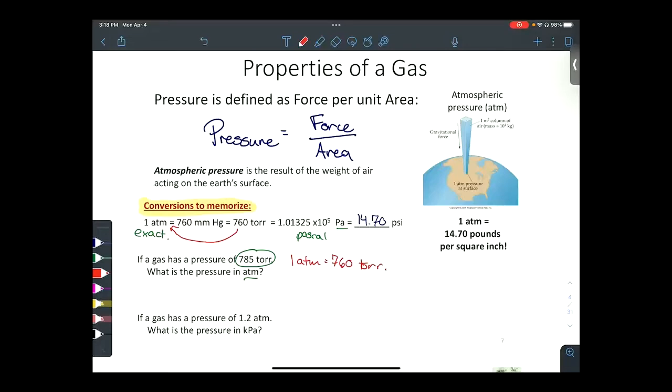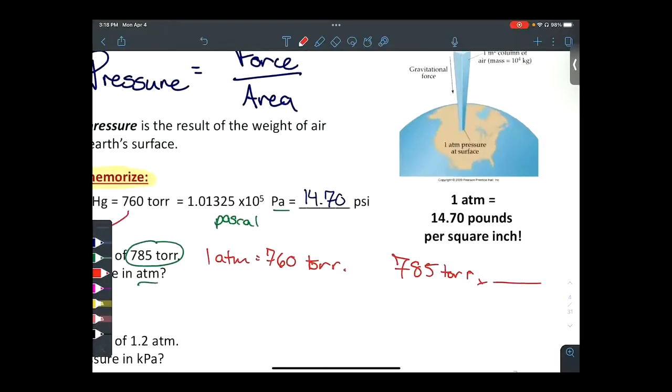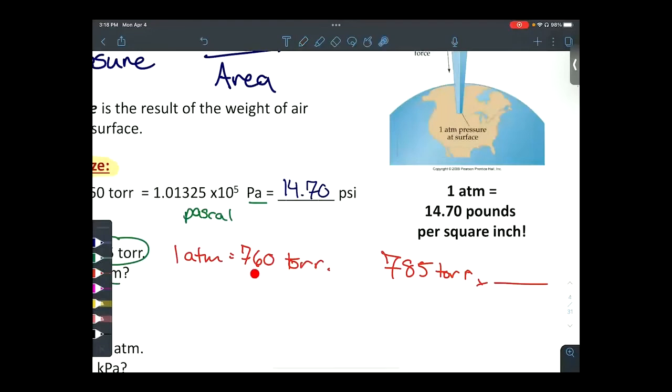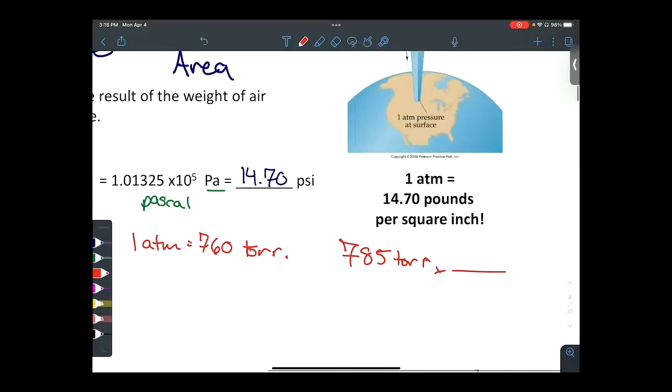All right, and I will start with the number that's given here, 785 torr, and then multiply by that equality I just came up with. With our equality, 760 is going to go where? Top or bottom? Bottom, okay. I just want to make sure that you're awake and we remember how to do this.